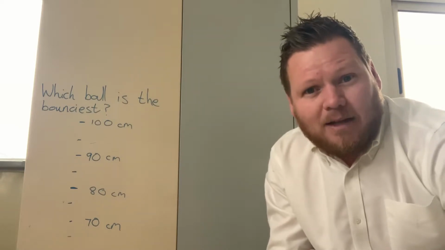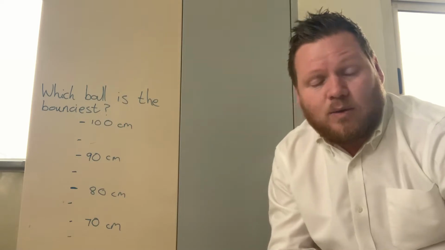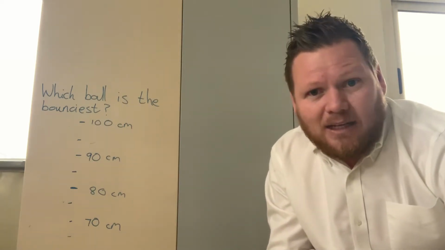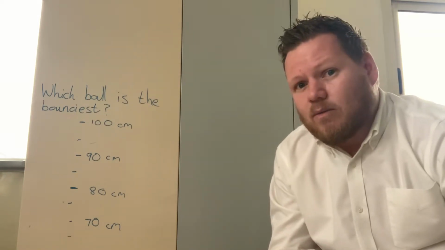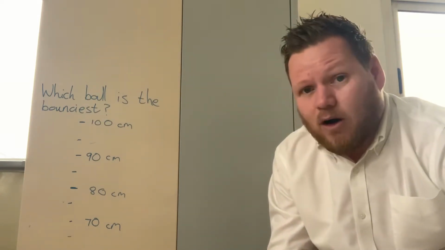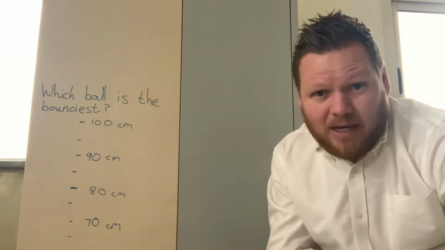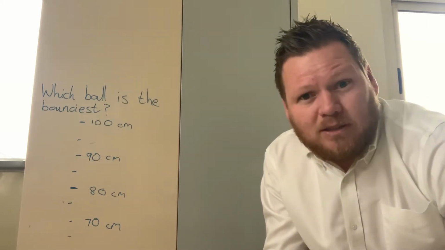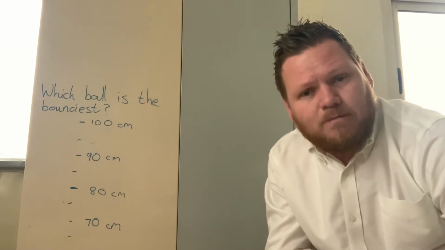Before we start, I'd like to recap what we have been learning in the last few weeks. We are looking at materials and properties of materials. We have been looking at different types of materials: plastic, wood, metal. We've also looked at different objects, so what the different things are made of, like a bottle is made out of plastic, or a table is made out of wood or metal.